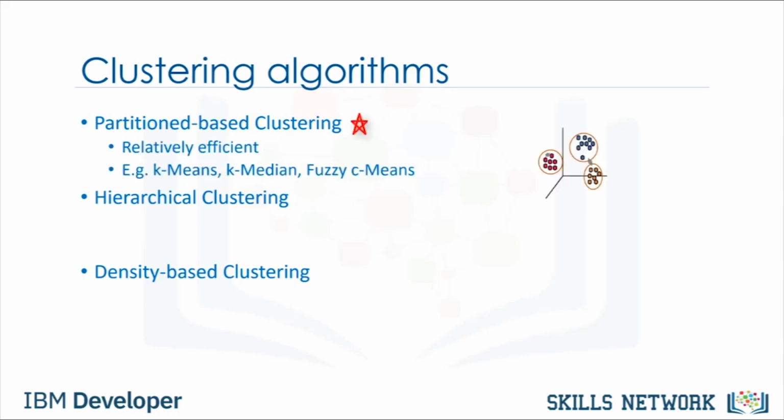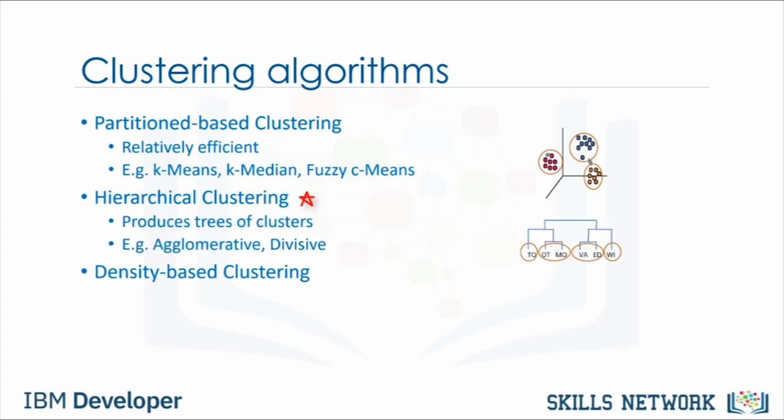Partition-based clustering is a group of clustering algorithms that produces sphere-like clusters, such as k-means, k-median, or fuzzy c-means. These algorithms are relatively efficient and are used for medium and large-size databases. Hierarchical clustering algorithms produce trees of clusters, such as agglomerative and divisive algorithms.